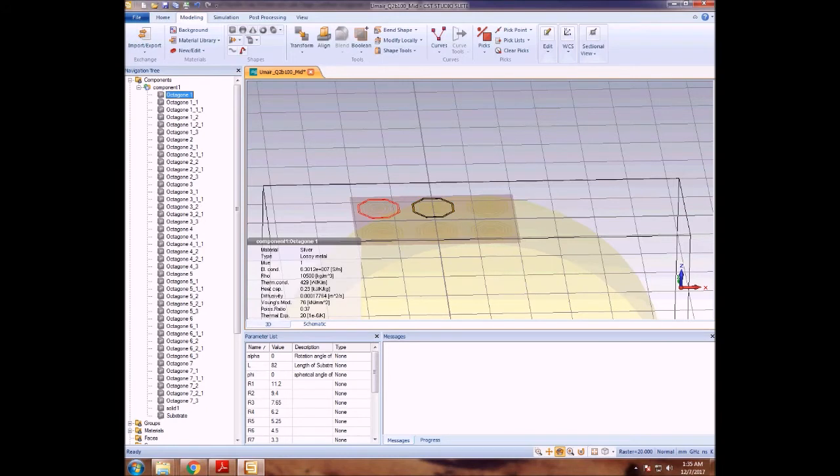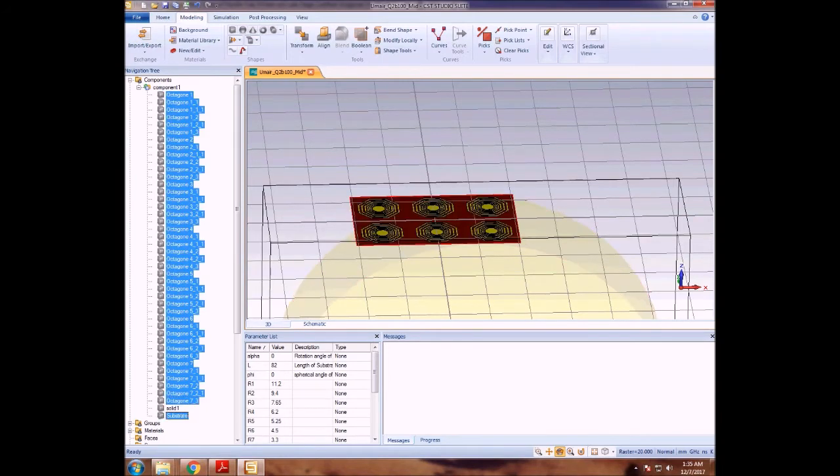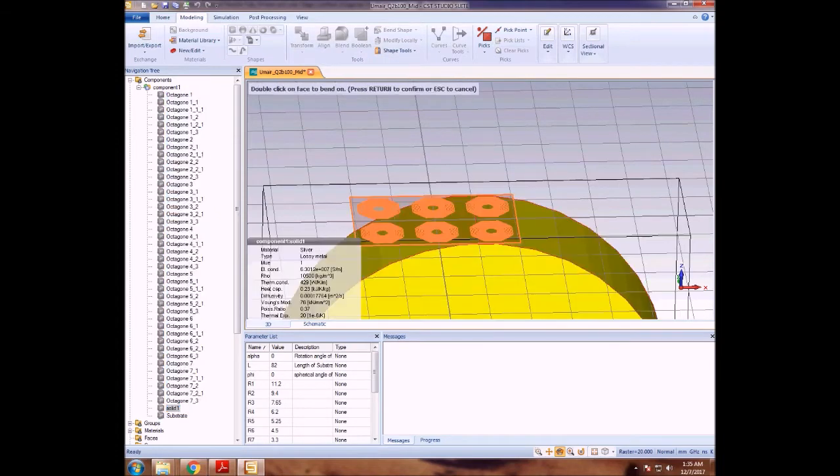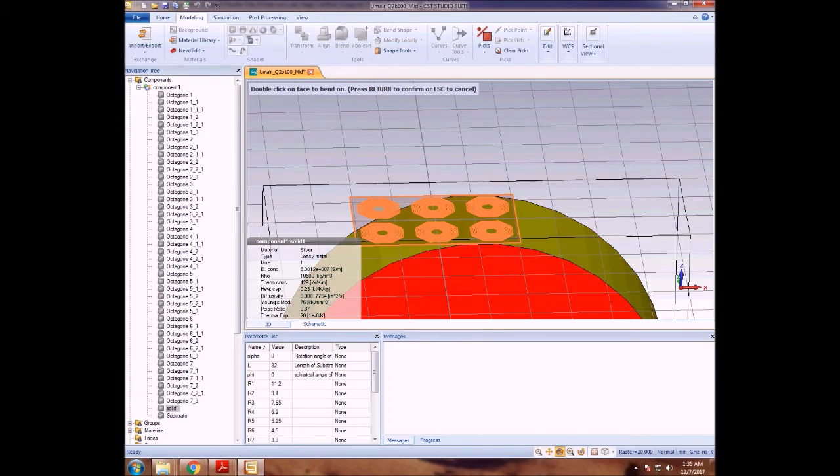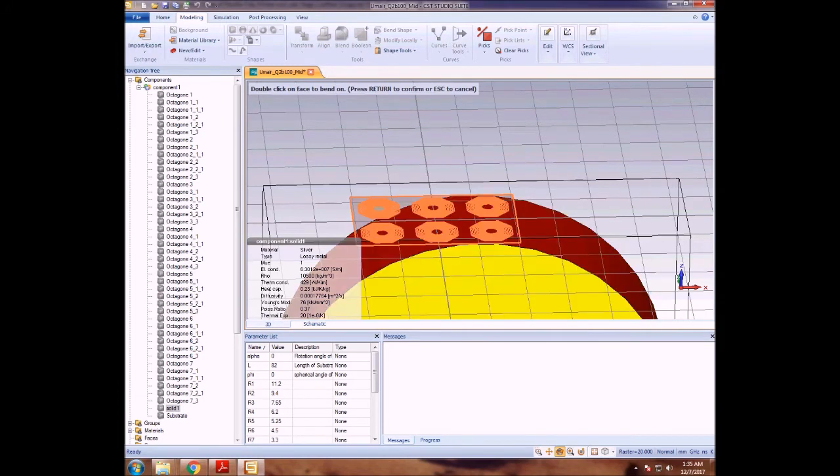First of all we select all the octagonal shapes and the substrate, then we go to the bend shape option. Now we have to select the object to bend towards, so we select solid one, and we double click on the face to bend on.